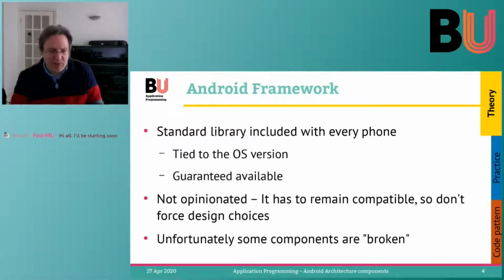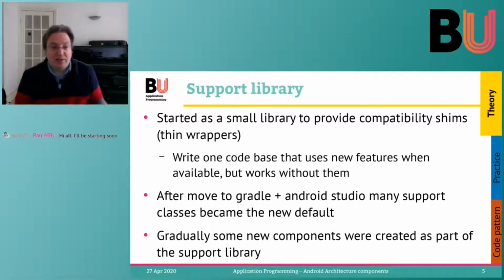And as a result of these limitations of the standard framework that is attached to your application, they have created the support library. It started out as a small library with some compatibility, what we call shims.